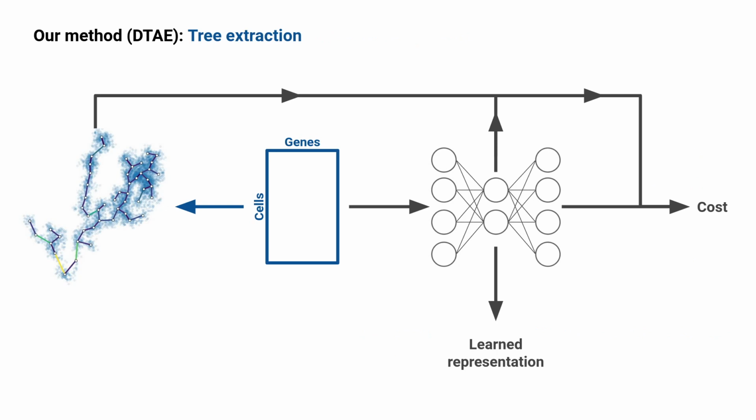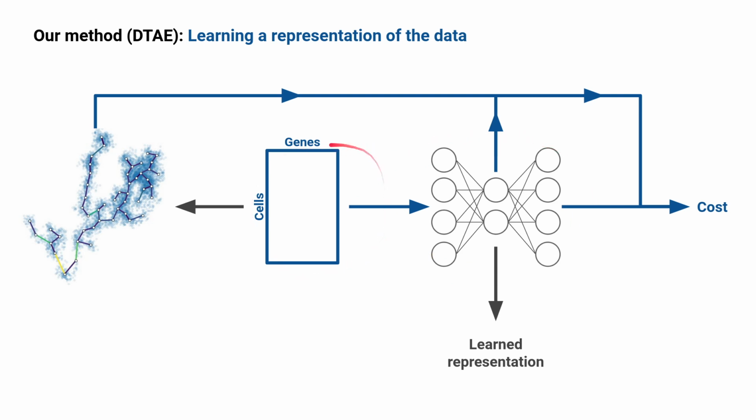Our method, called DTAE for Density Tree-Based Autoencoder, works in the following steps. First, the tree extraction. Starting from a gene expression matrix, we extract a tree by means of vector quantization and using the density of the points to build a tree on it. Then we need to learn a good representation of the data that we'll be able to visualize, using a neural network following an autoencoder architecture, which we'll detail a bit further.